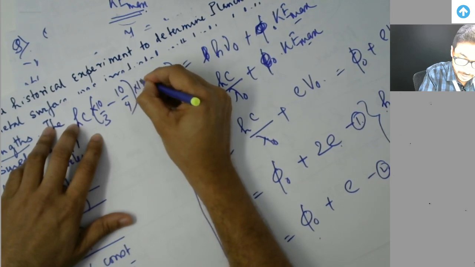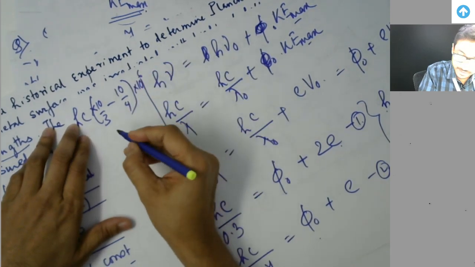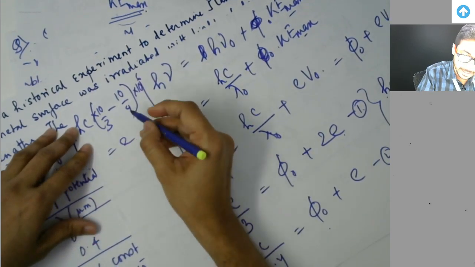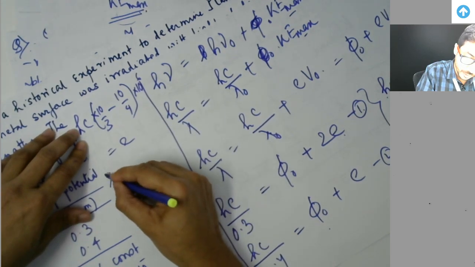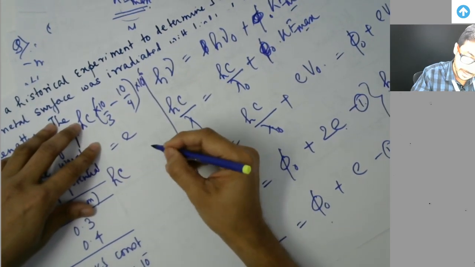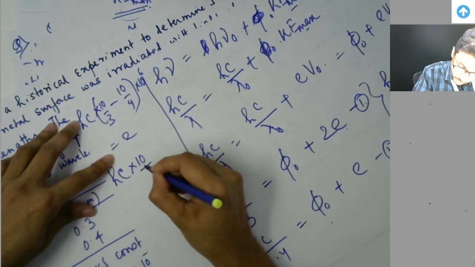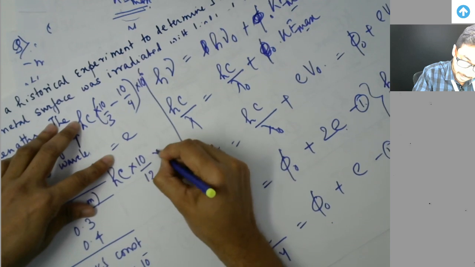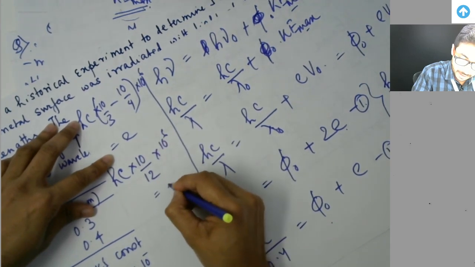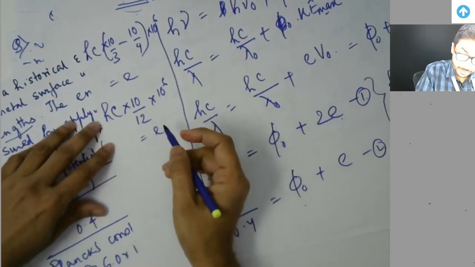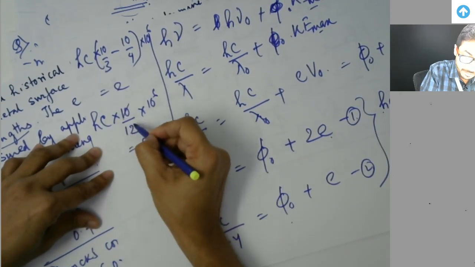So we write this with 10 to the power 6 equals e. So hc into 1 by 12 into 10 to the power 6 equals e.